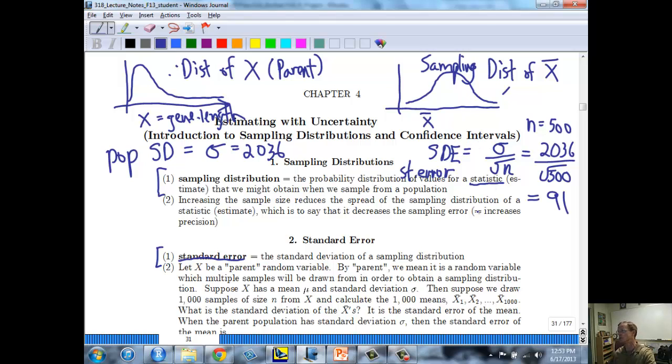And let me note, just to be very explicit, we use the formula sum of xi, which in this case was an x bar, minus the mean. Okay, that's the mean that we calculated from the 1,000 observations, squared. We divided that by, in this case, 1,000 minus 1, and then we took the square root. Okay, and we got ourselves about 90. Wow, that's pretty awesome.